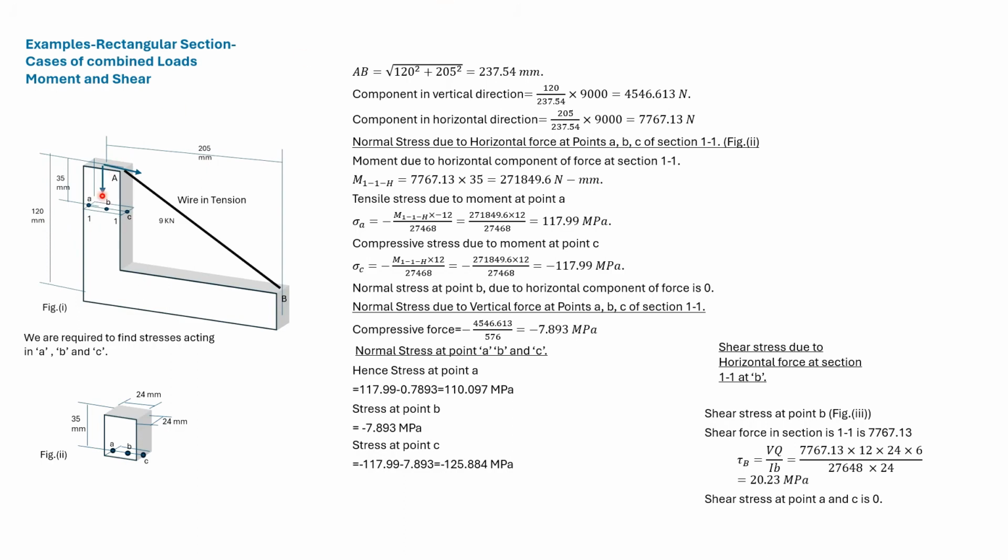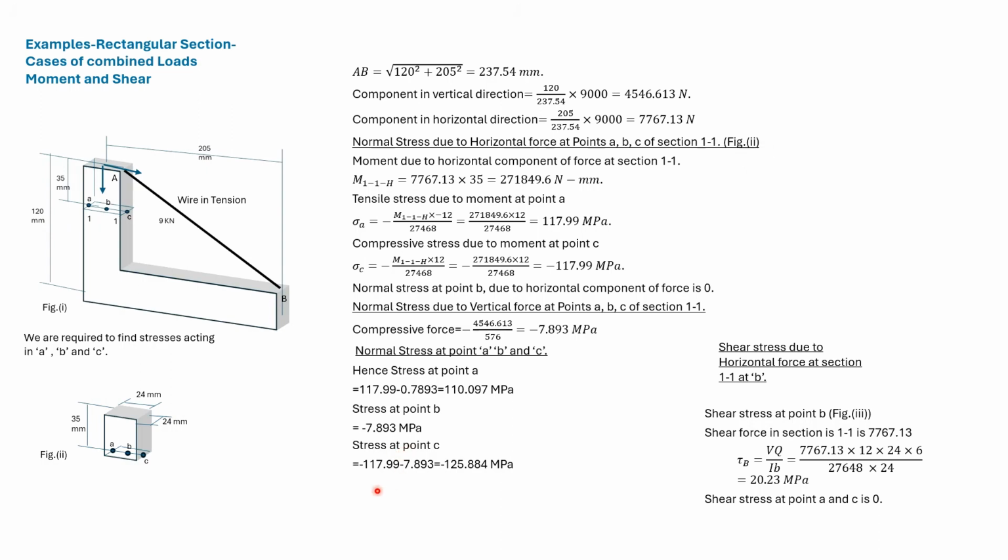This vertical force will cause compressive stress at A, B, and C. So this is the vertical force and we find the value of the compressive stress. At A, we subtract to get the tensile stress. At B, there's only the compressive stress acting.